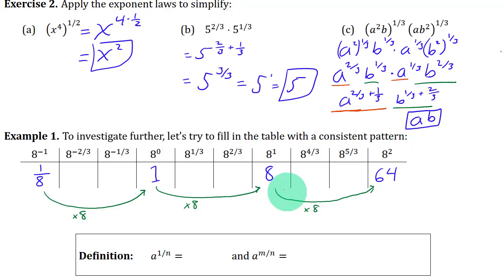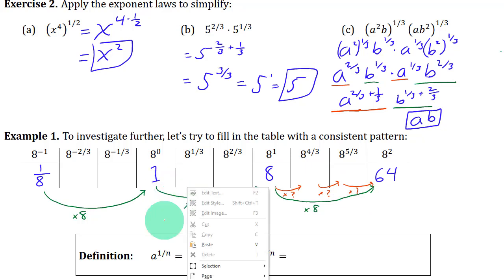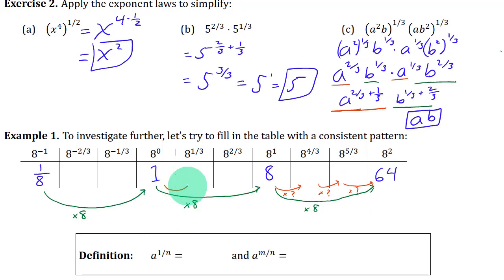So every time the exponent goes up by 1/3, can we multiply by the same thing here? Can I do 1 times something and then do that times something and do that times something?